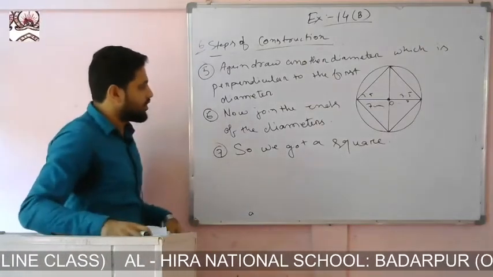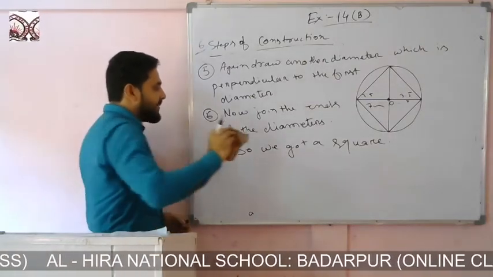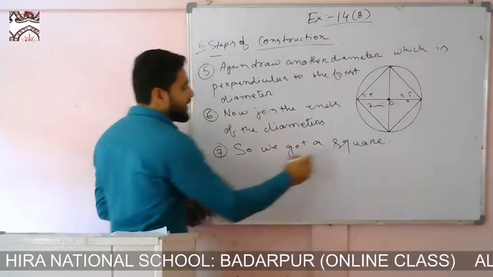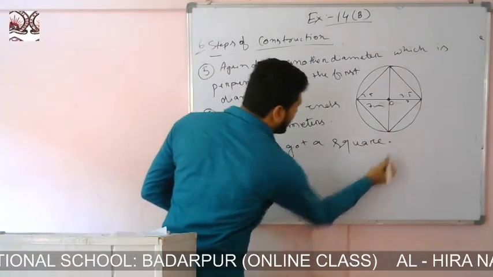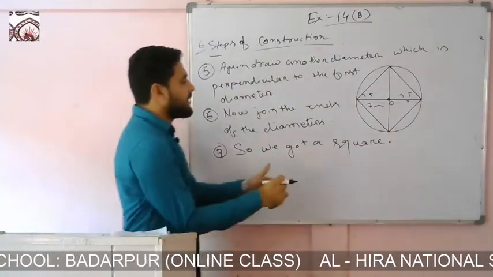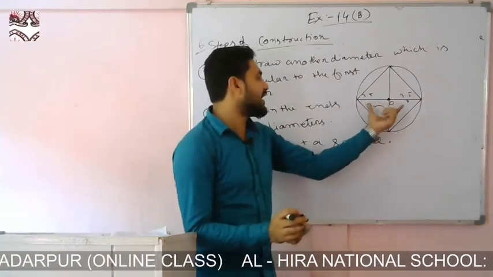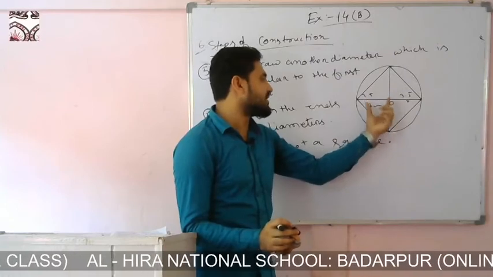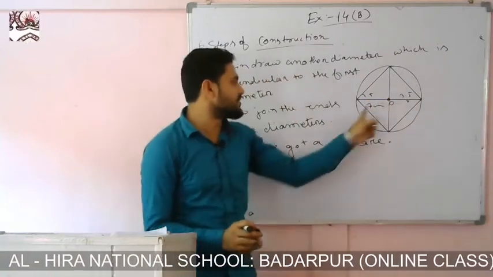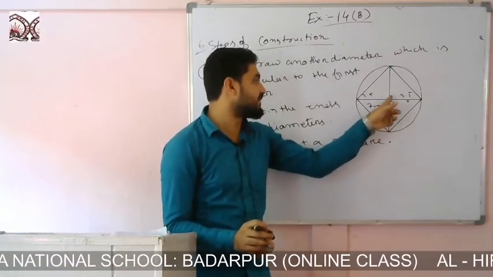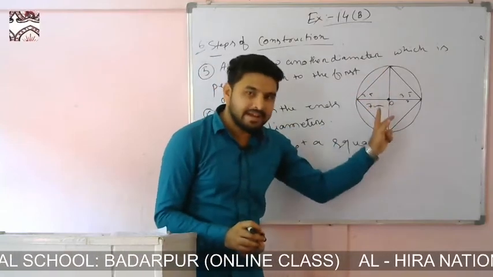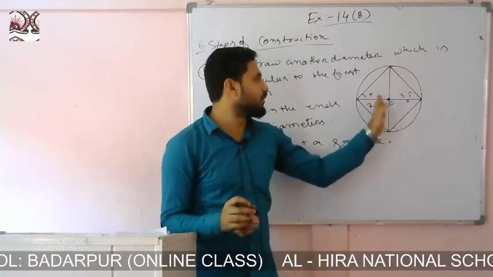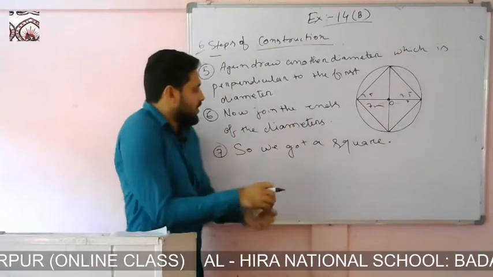After joining the ends of the diameters, we got a square, because both the diagonals are 7 centimeter and they are perpendicular to each other.